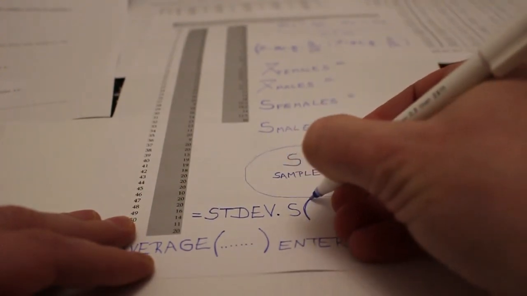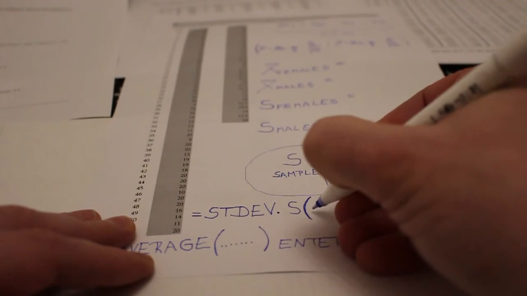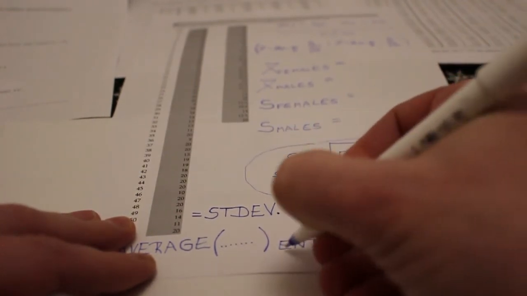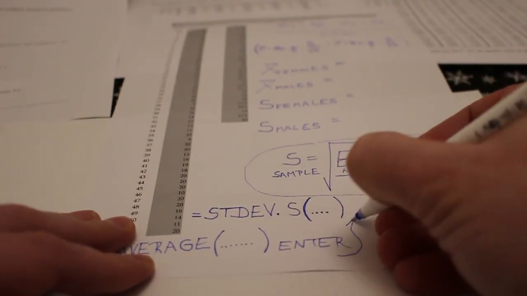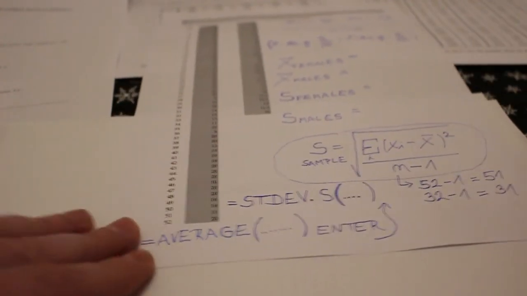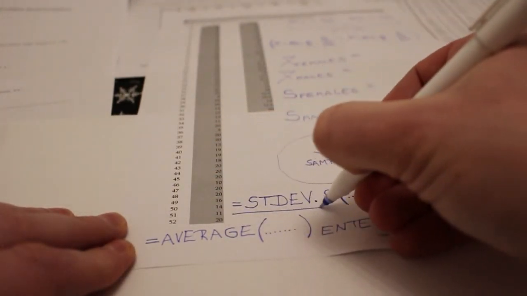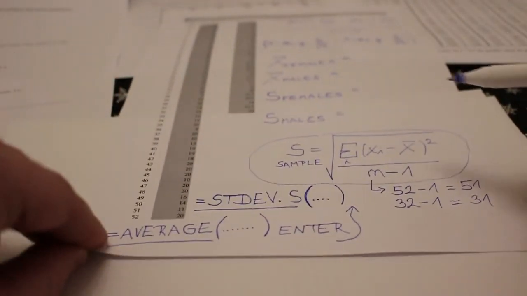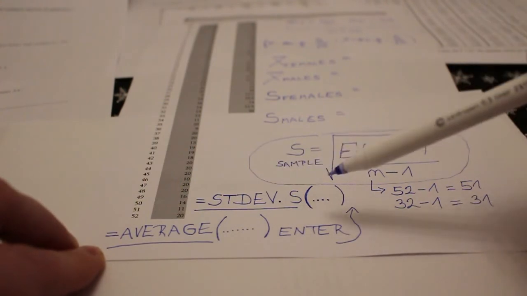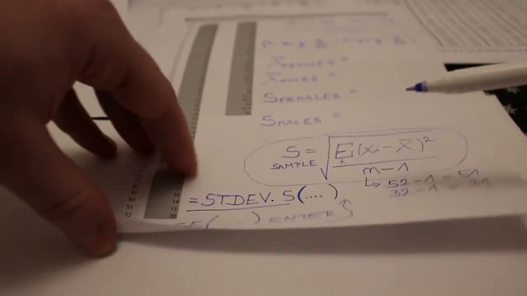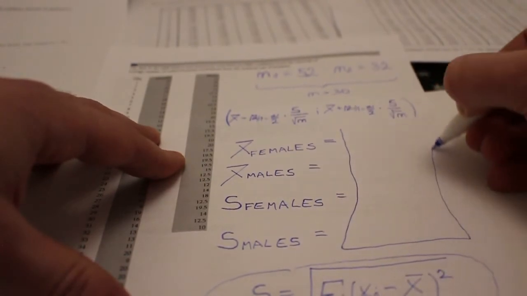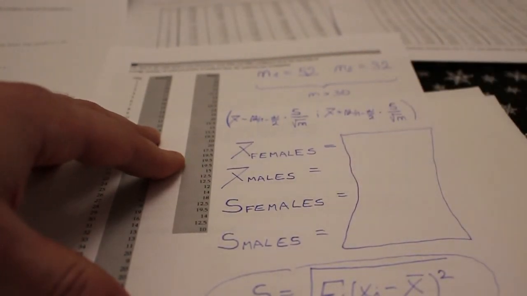You will open the parentheses, select the data, close the parentheses, and again press enter. Okay, so standard deviation for the sample and average for the calculation of sample mean. So please try to solve these four statistics in Excel, and check my results, which will be written here.